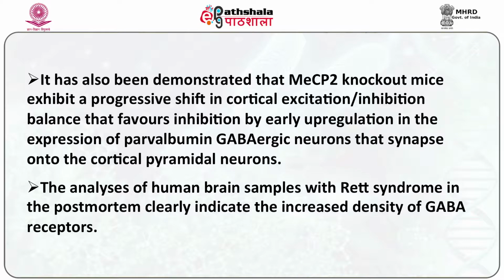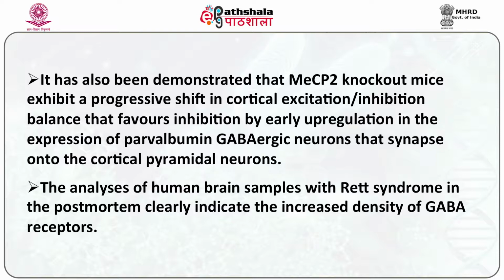It has also been demonstrated that MECP2 knockout mice exhibit a progressive shift in cortical excitation or inhibition balance that favors inhibition by early upregulation in the expression of parvalbumin GABAergic neurons that synapse onto the cortical pyramidal neurons.